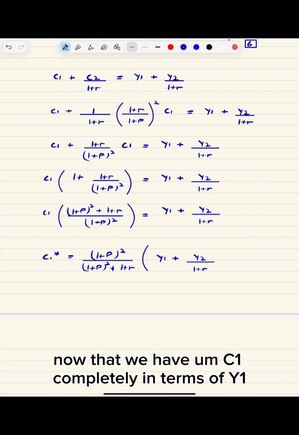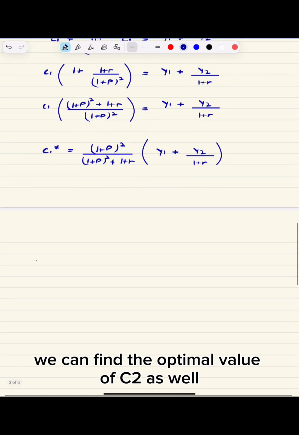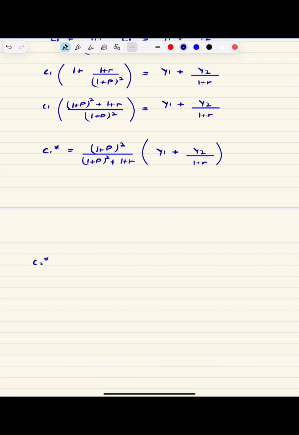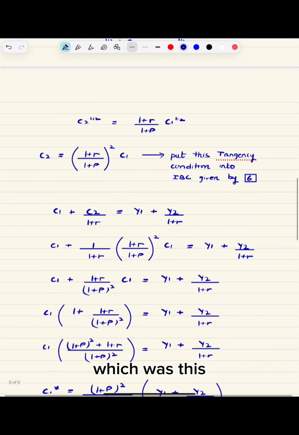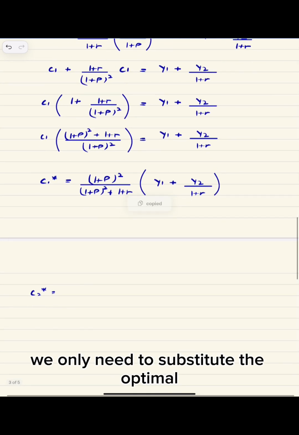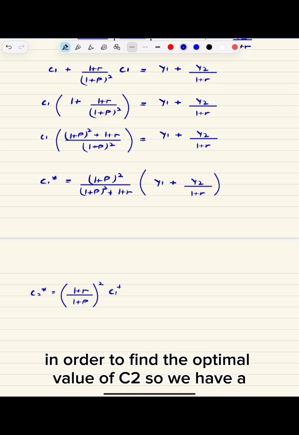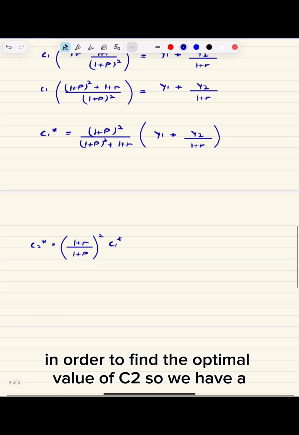Now that we have c1 completely in terms of y1, we can find the optimal value of c2 as well, which was this. We only need to substitute the optimal value of c1 into this expression in order to find the optimal value of c2.